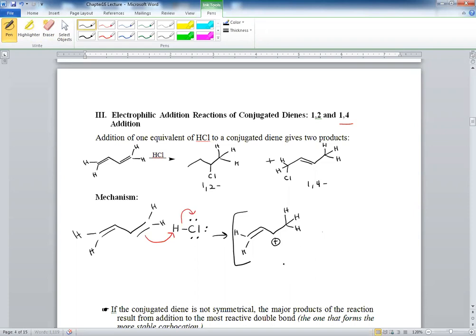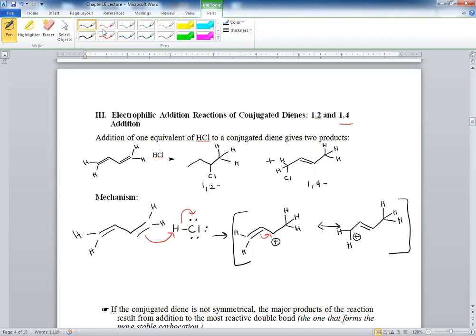Very well. Now, if you notice here, you have a resonance structure. So you can have a resonance structure where, if you recall, this is an allylic system where we move the double bond. So now it's in between. And now there's a positive charge on the last carbon on the left.